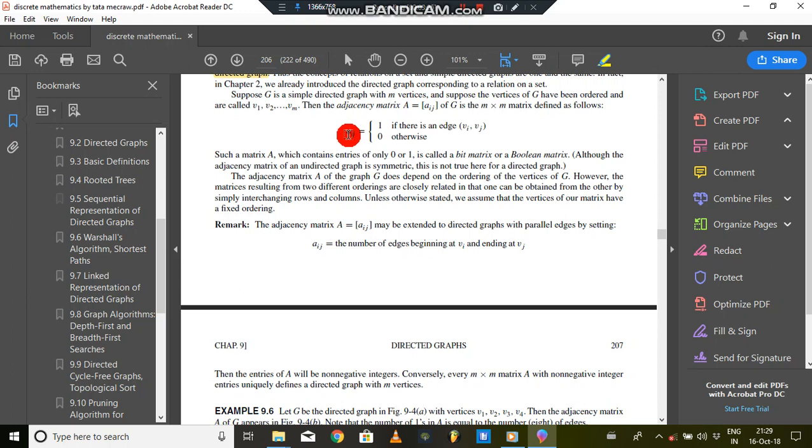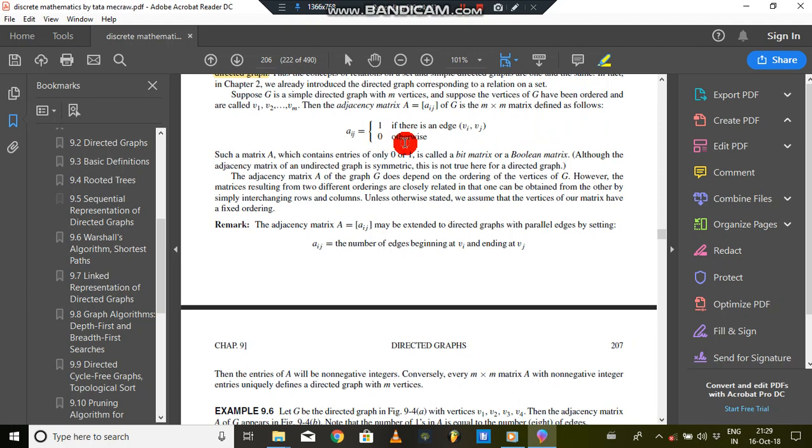If the value is 1, then it is true: the row and column are connected, which indicates that we have a relation and a path between those vertices.